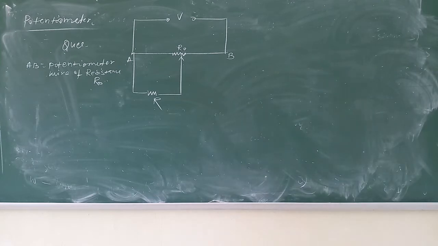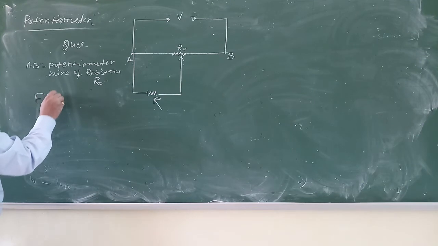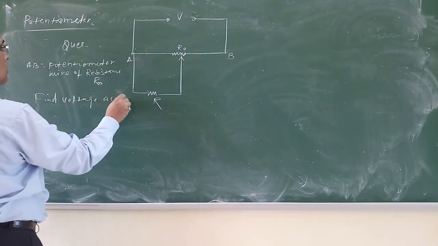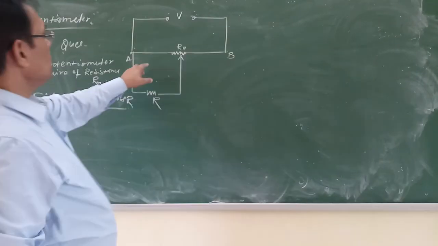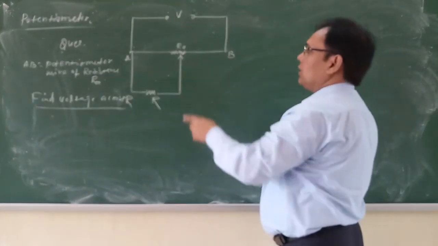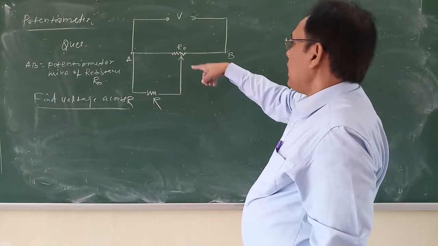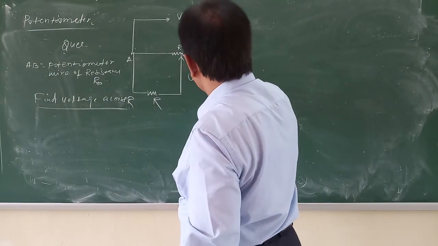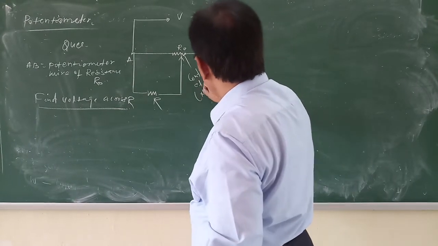Then you have to find the voltage across R. So just see, this is a potentiometer wire. Resistance of the potentiometer wire is R0, and the bridge is balanced at the center. This is the center of the wire. This is the null point.